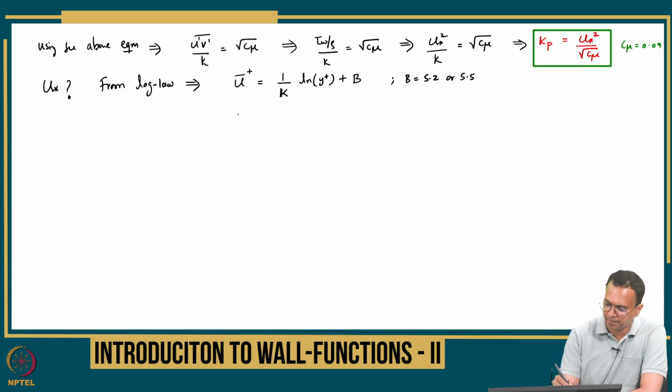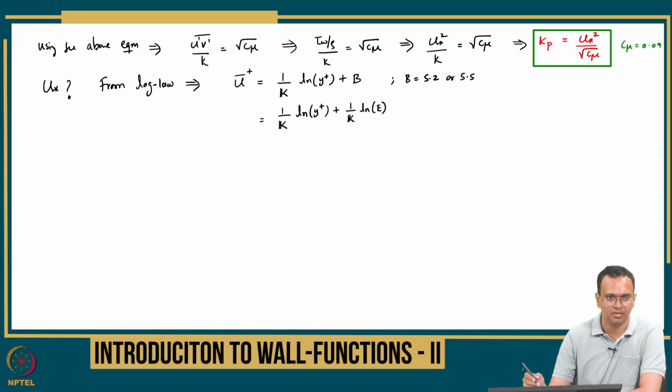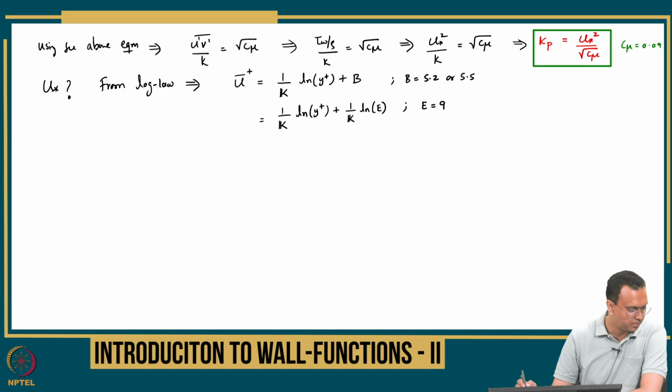I would like to express this constant also as a function of von Karman constant in a logarithmic way. So I would write this as 1 by kappa logarithmic value of some e. E turns out to be 9 here. So now I can write this as 1 by kappa logarithmic of y plus e.